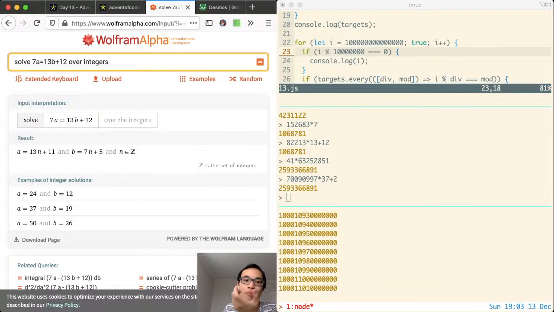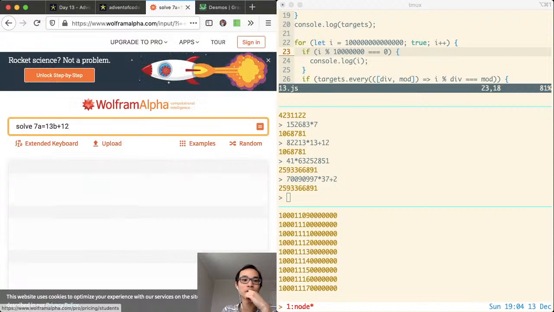So the whole point is to work out how to get that in this result box. The whole point is to work out how you get that 11 and how you get that 5. If you have that, you have the answer. What if I just said solve it? Not over integers, but just solve it.